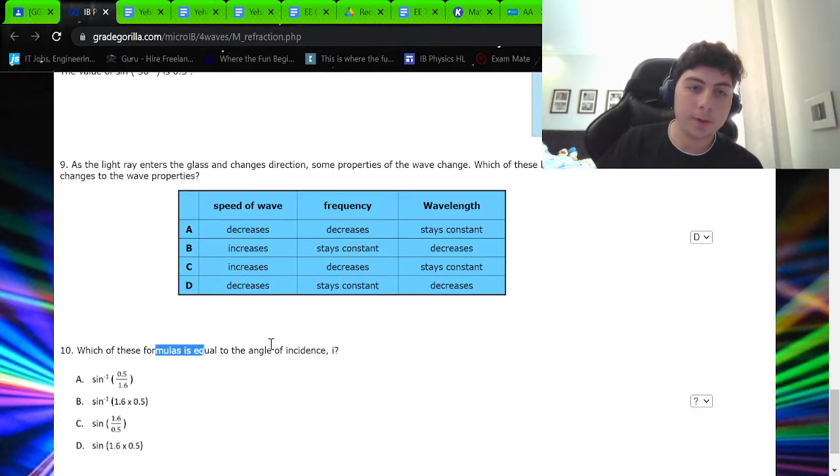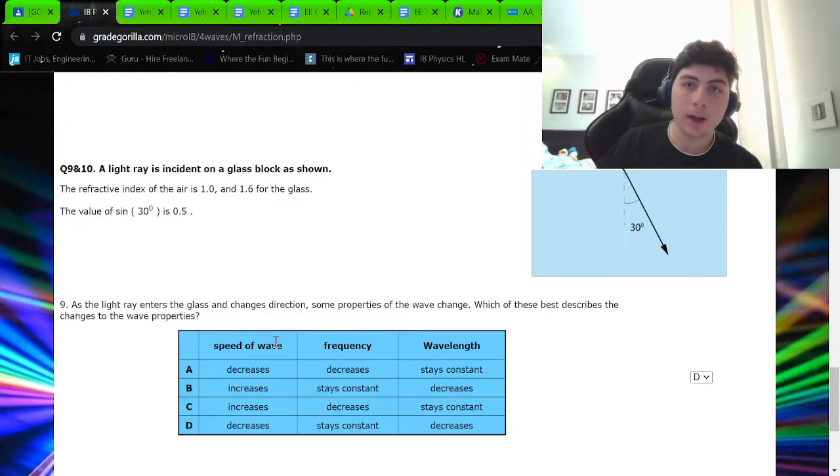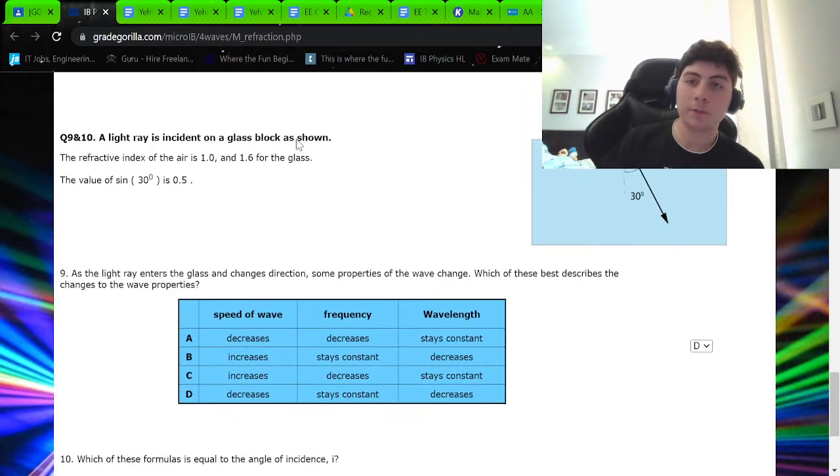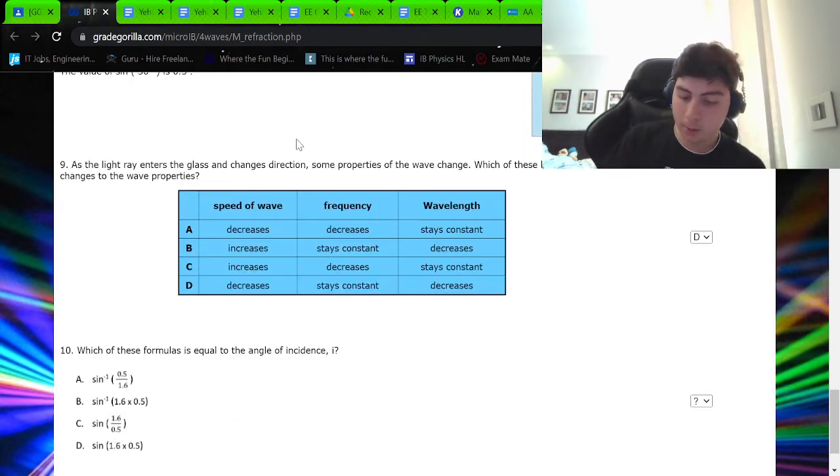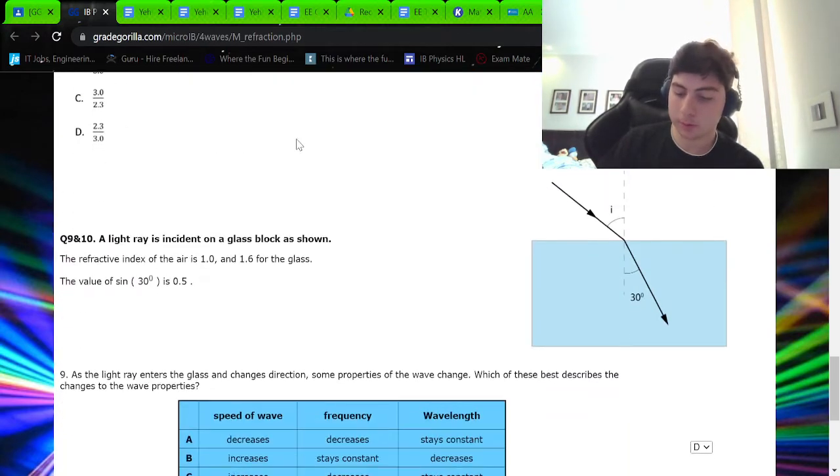So which of these is equal to the angle of incidence? So air 1, 1.6 for the glass. So air 1 over 1.6 is equal to sine, so which is equal to half over, I'm going to run out of time, sine theta. This is what we're looking for.